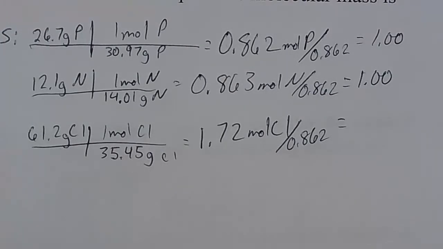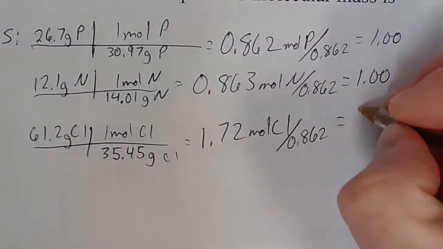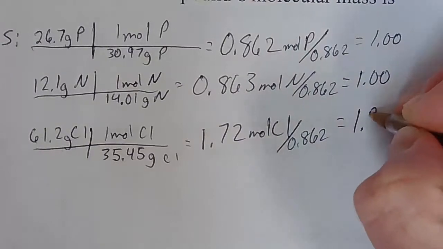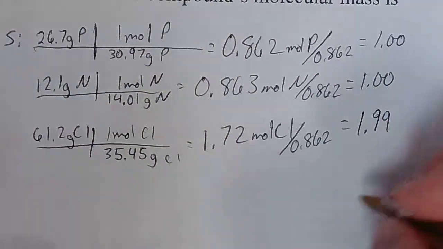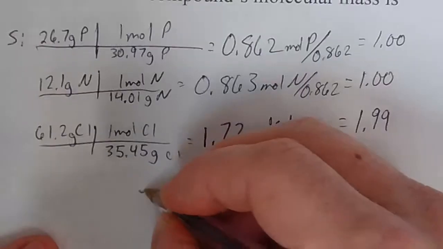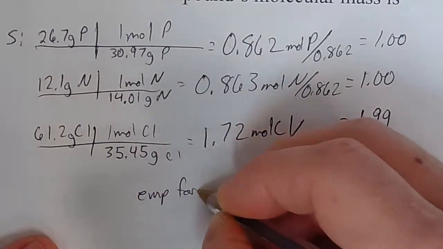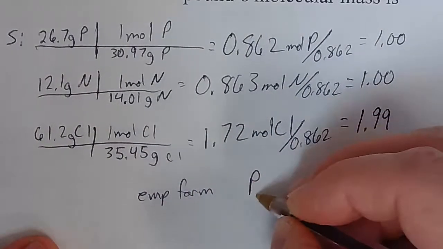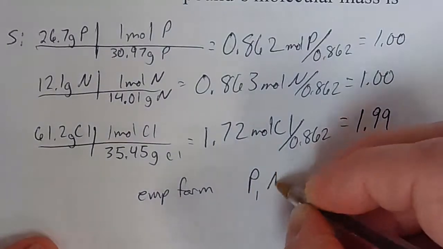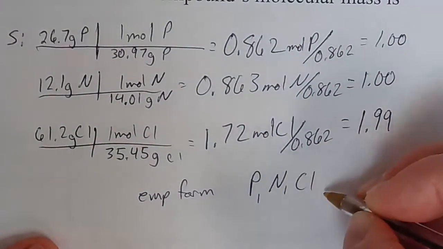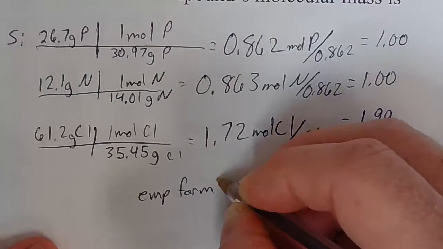Anybody? 1.99. Is that close enough to 2 to go with 2? Yeah, probably so. Okay. So the empirical formula is P1N1Cl2.